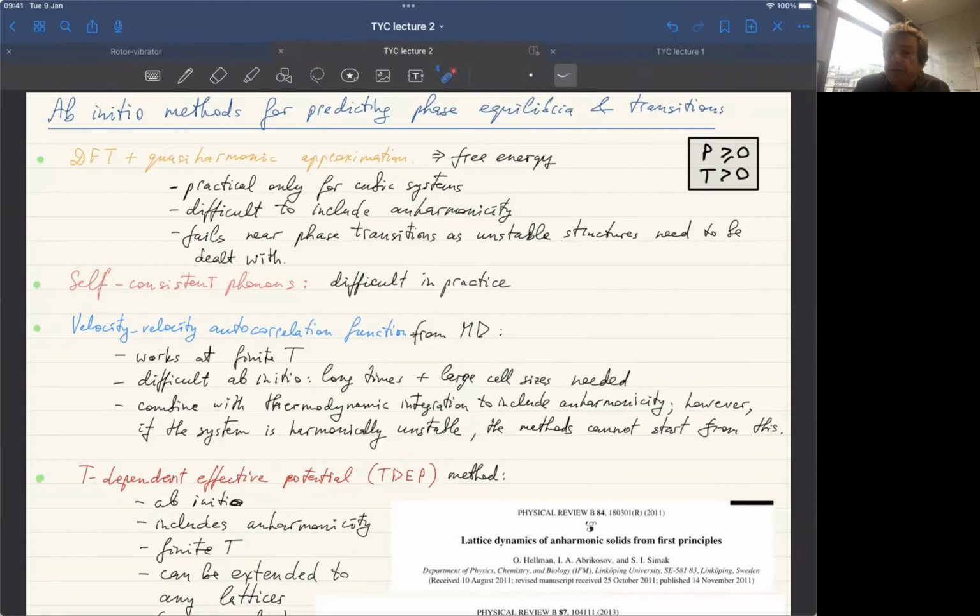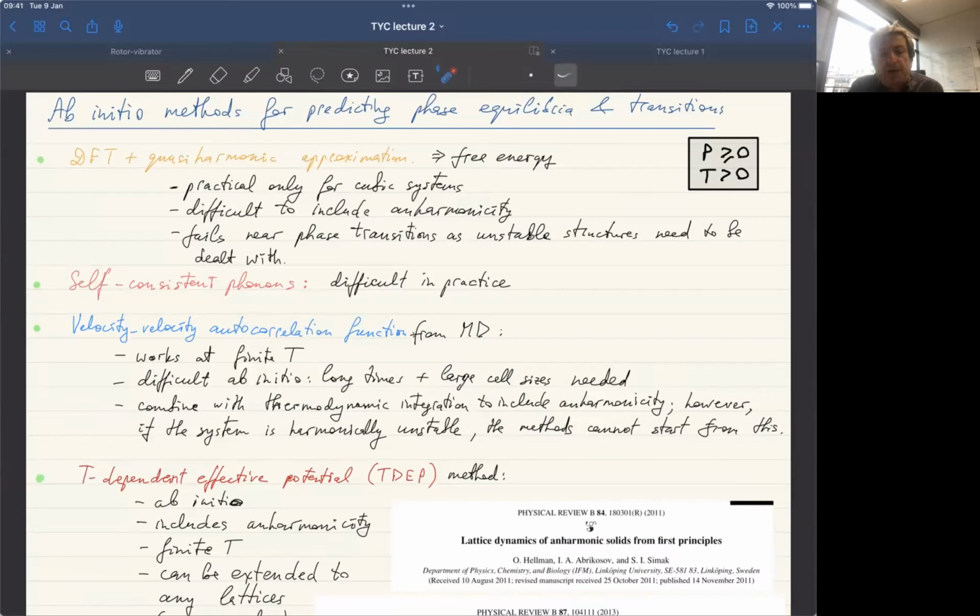Although this method takes account of anharmonicity, because everything moves, you will have peaks in the density of states, not only due to harmonic phonons, but they will be slightly smeared out because of the anharmonicity.